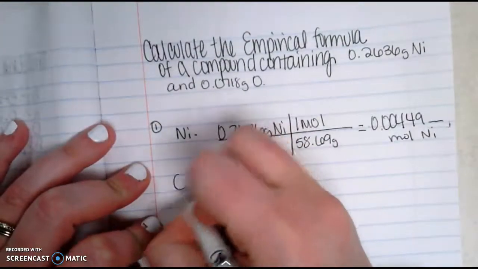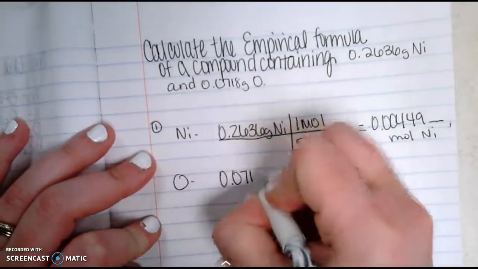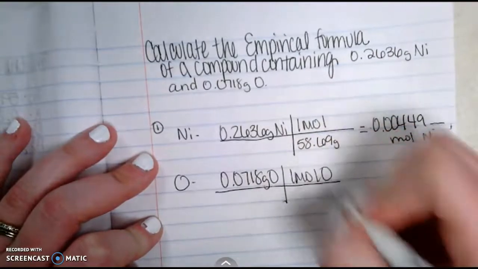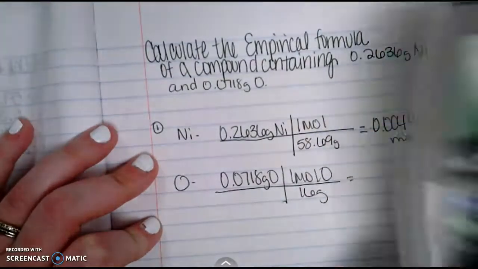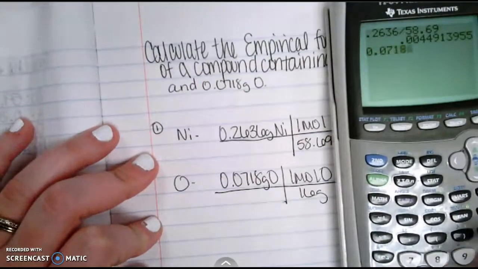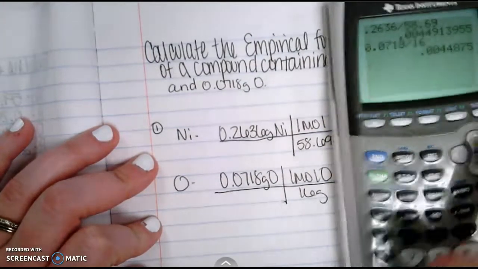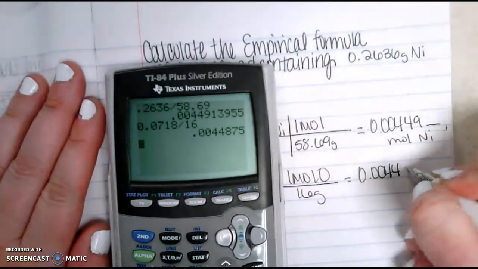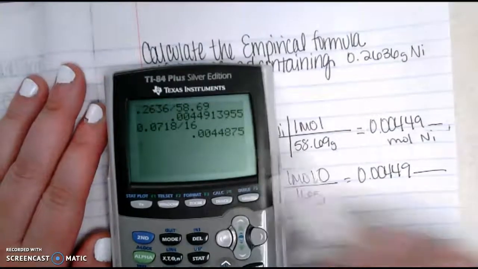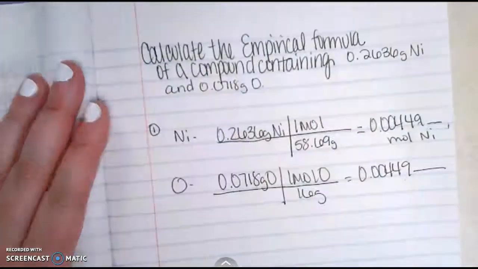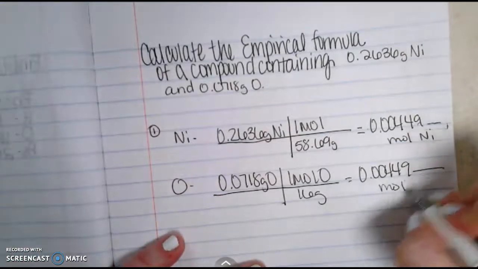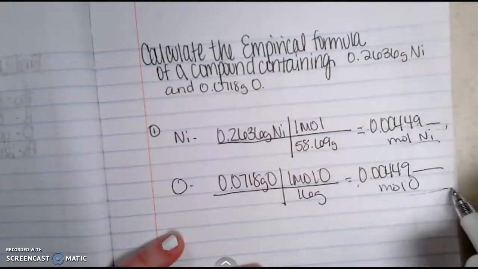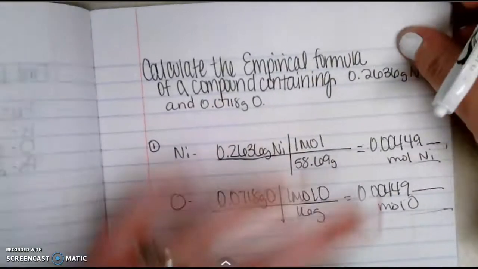Then we do our oxygen, so 0.0718 grams of oxygen. I know that 1 mole of oxygen is 16 grams. I plug that into my calculator and I get 0.00449, because if I rounded there, I'm going to round here. So what I've found is that in this compound, I have this many moles of nickel and this many moles of oxygen.